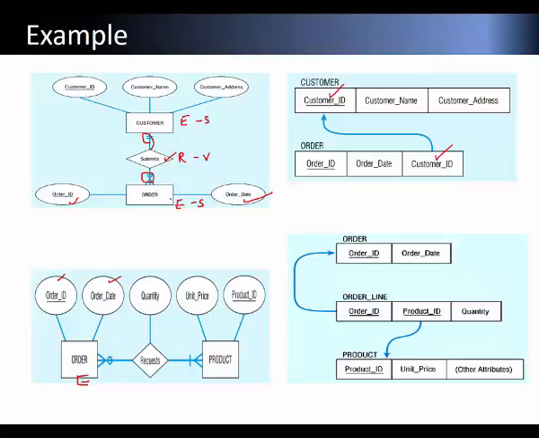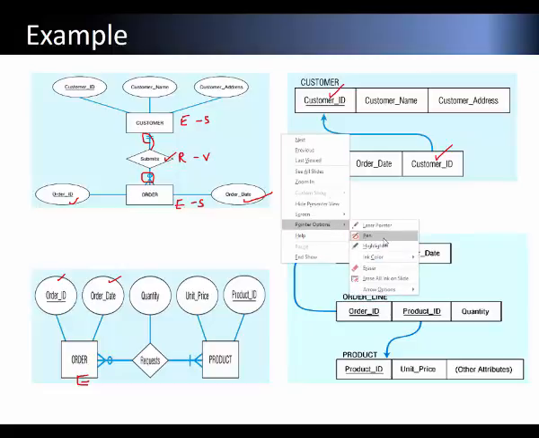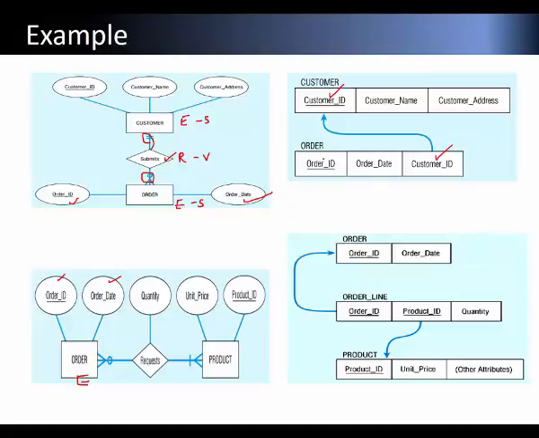Okay, there are all the details of the mapping rules available, but you can simply think why one is good, why the other is not good. For example, customer ID is shared here. Someone may say, why not have this order ID appear here?